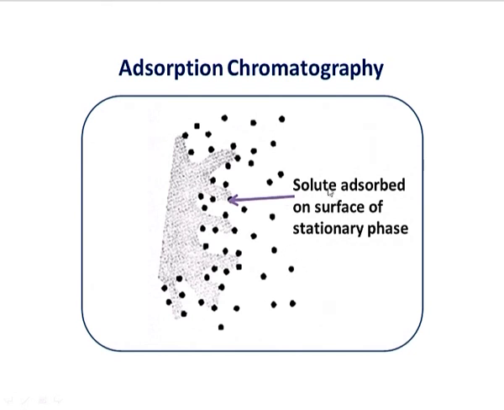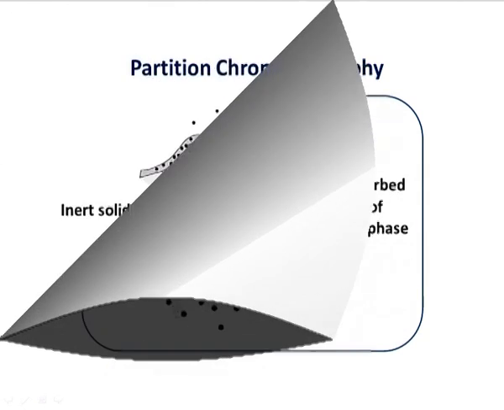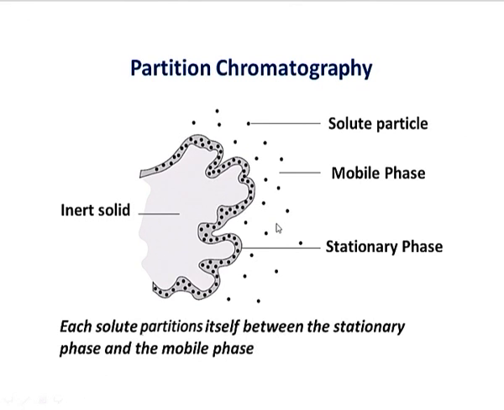In this case, the solute would be adsorbed onto the surface of the stationary phase, as is evident, and there is an obvious equilibrium between solute particles which are adsorbed onto the surface and the remaining ones which are in the mobile phase.